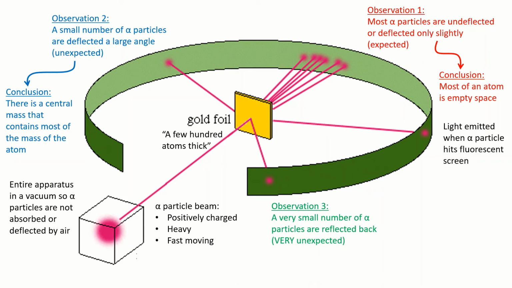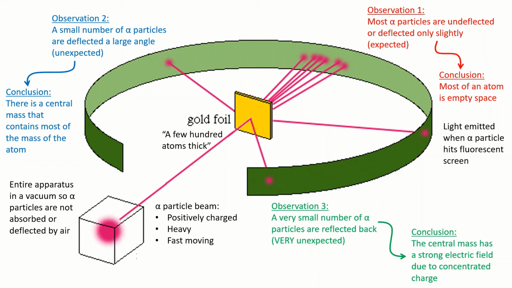And the third one, a very small number of alpha particles are reflected back, doesn't tell us that it's positive, but what it does tell us is that the central mass has a strong electric field, which means it must have a very concentrated charge. In order to reflect or deflect an alpha particle back the way it came, it needs a very strong electric force.